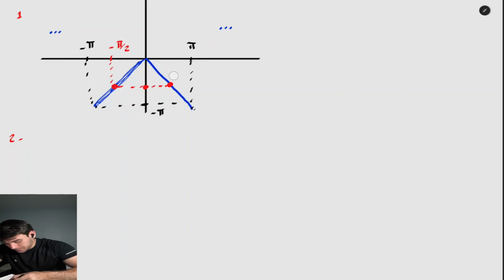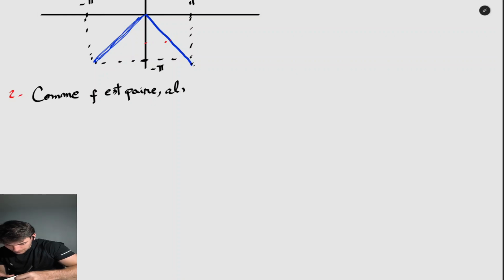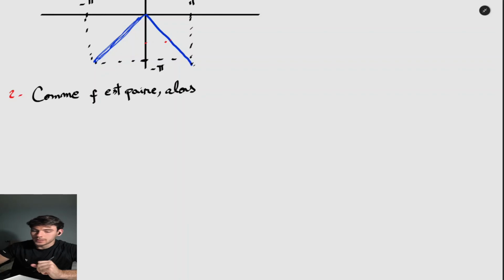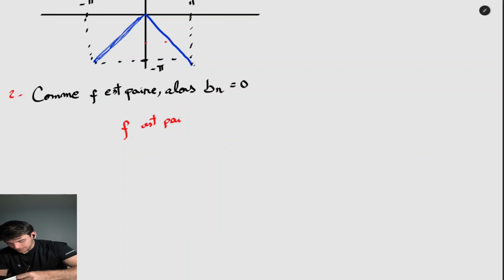So since we have a pair function, it means immediately that Bn equals 0. So if you want a general rule, the general rule is if your function is pair, then Bn equals 0.